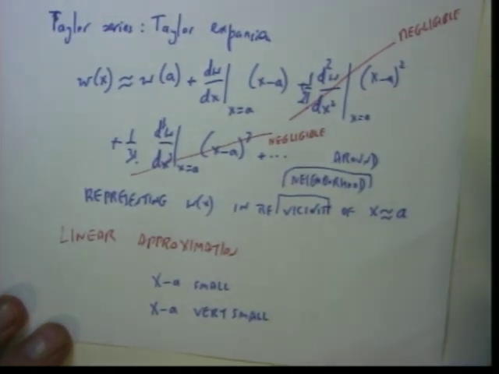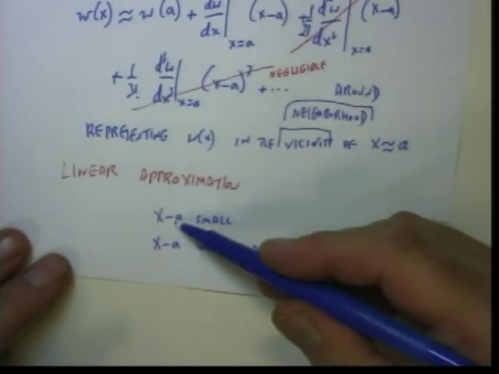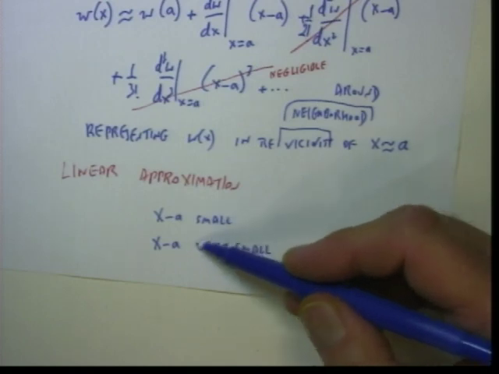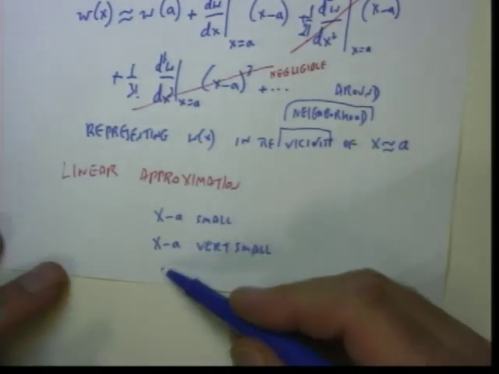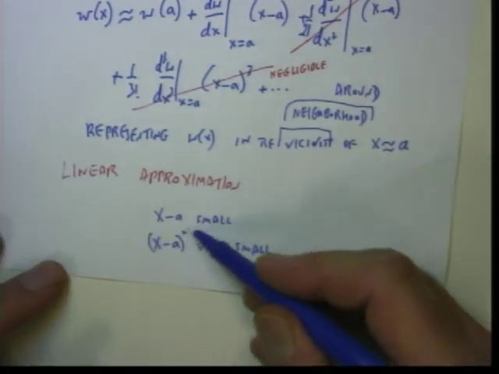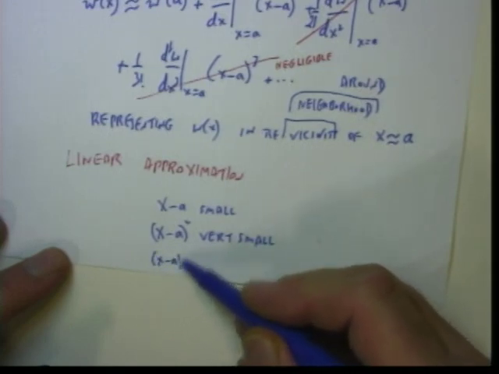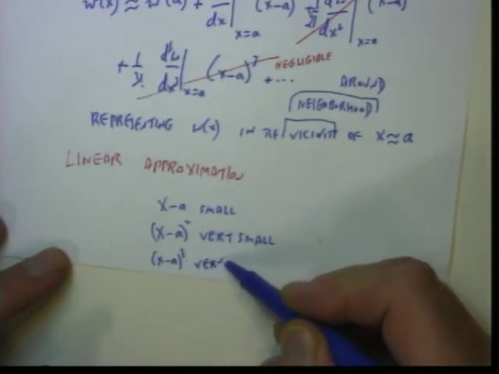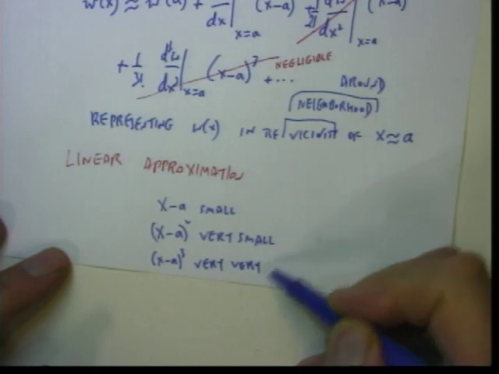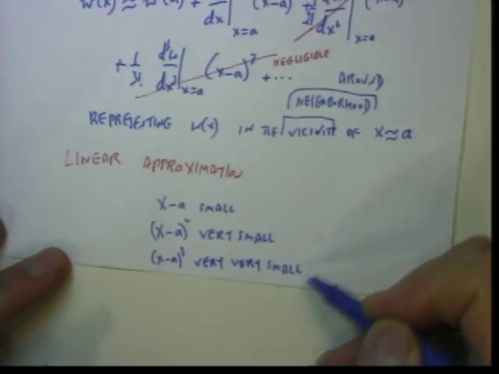Okay? So x minus A is small, but x minus A squared is very small, x minus A cubed is very, very small, etc.